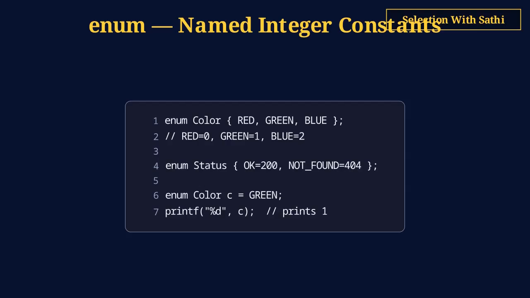Here red is 0, green is 5, and blue is 6. Enum values are compile time constants, so you can use them in switch case labels. In C, enum values are essentially integers. There is no type safety like C++ enum class.